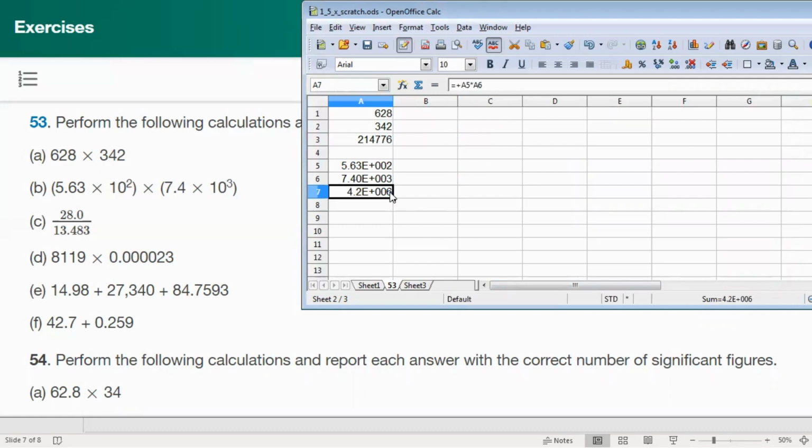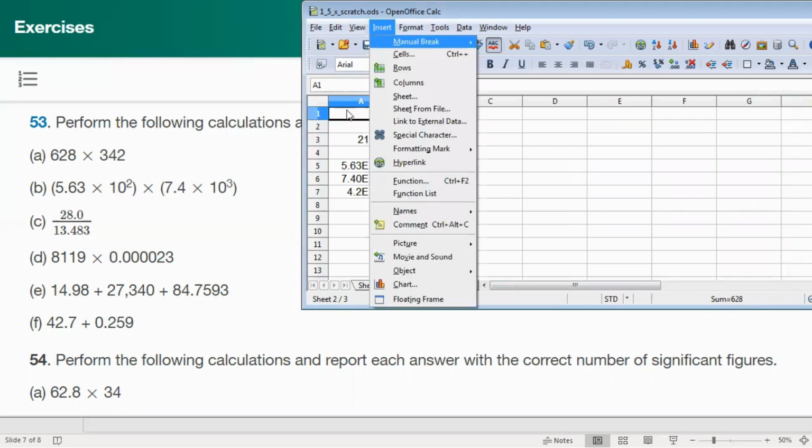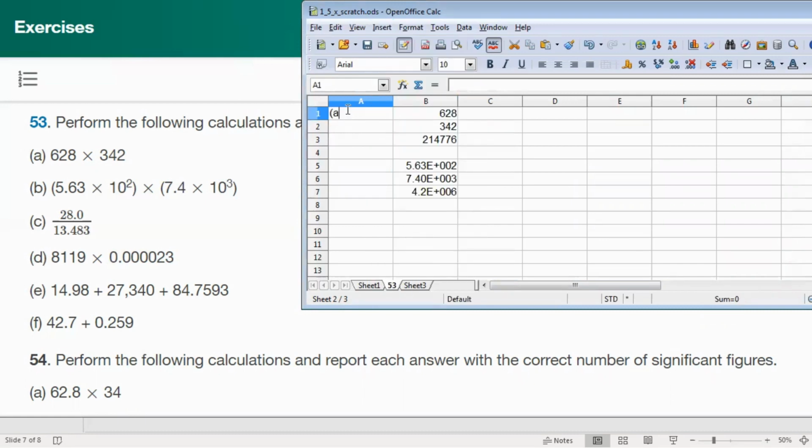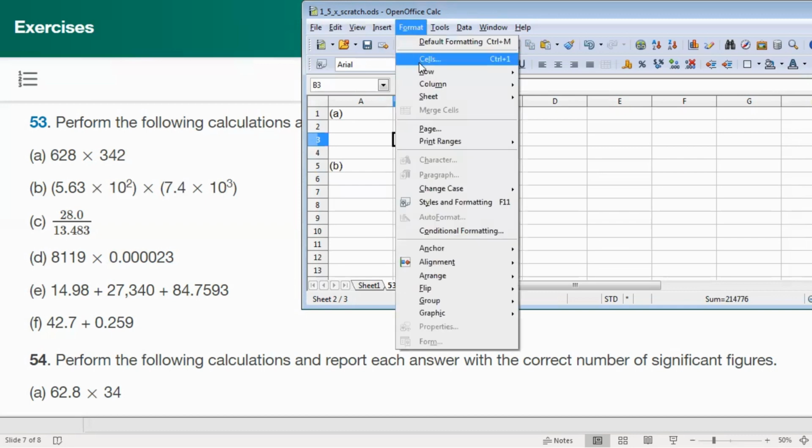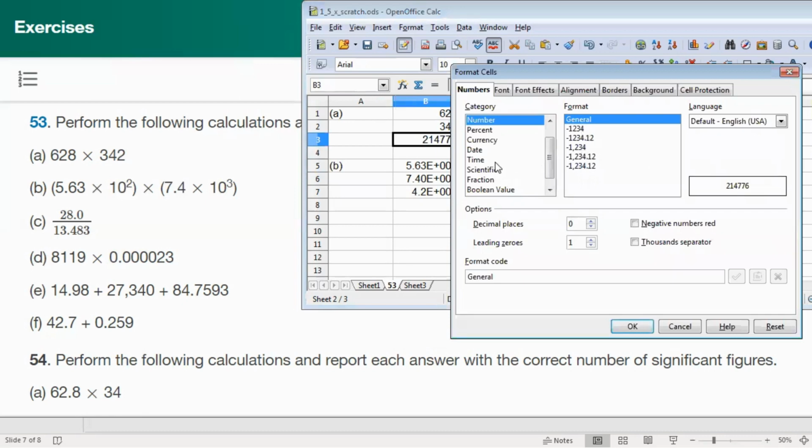Let's see if that, first of all, let me do, that was question A, this is question B. Let's see, question A. Oh, it wanted it in scientific notation. Apologies. This wasn't even correct in scientific notation. So let me reformat this in scientific notation.